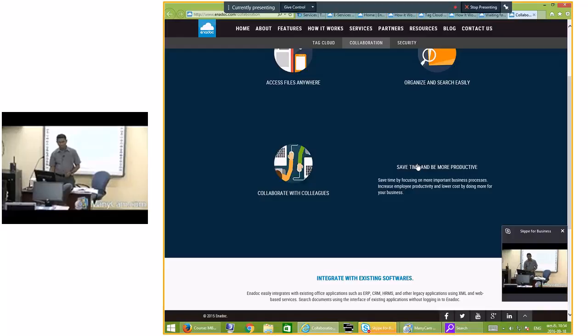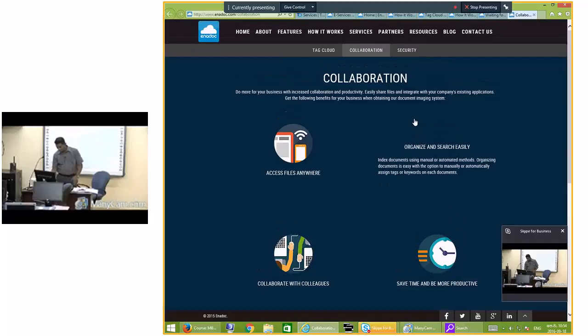So you don't need to file your documents, you don't need to sort them and keep them in record rooms, right? So you don't need to bother about space. So those are the collaboration benefits.